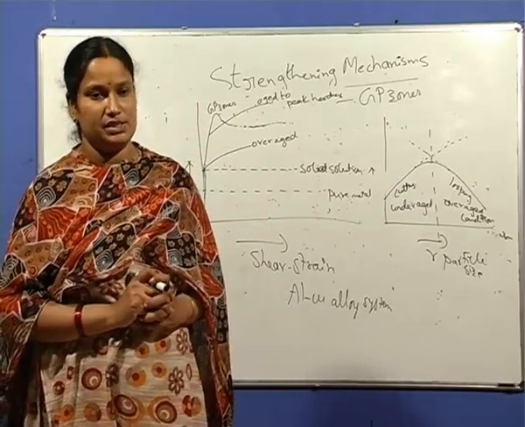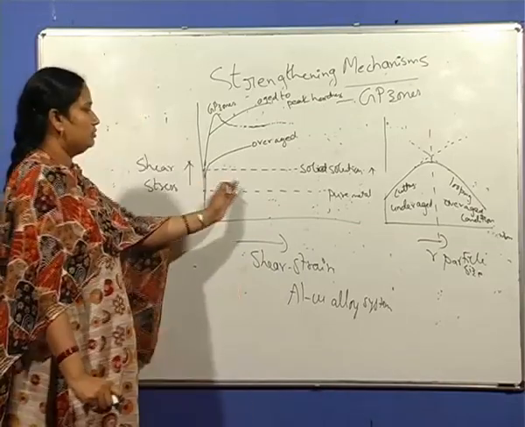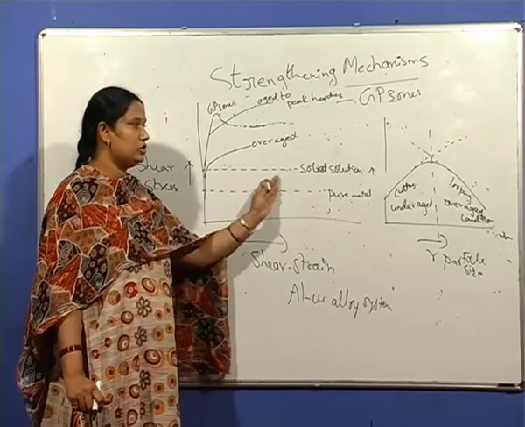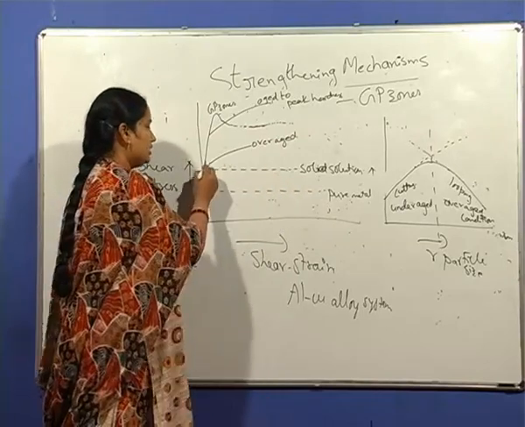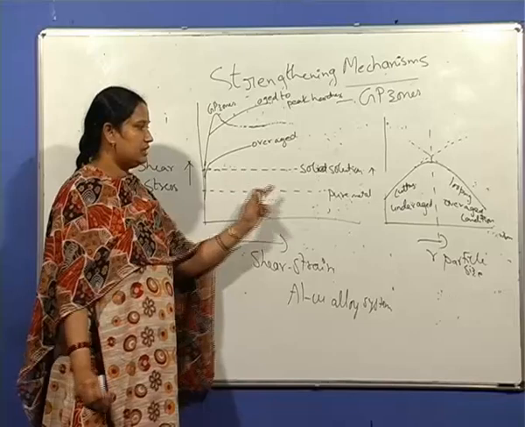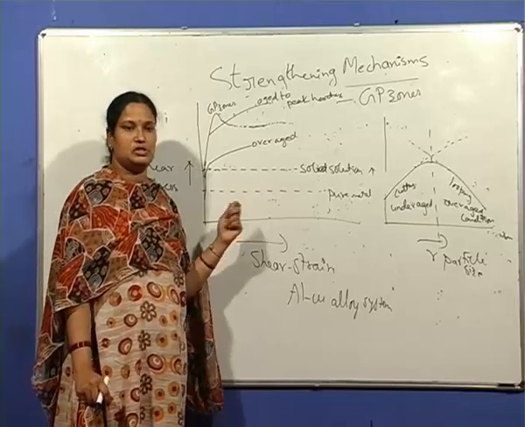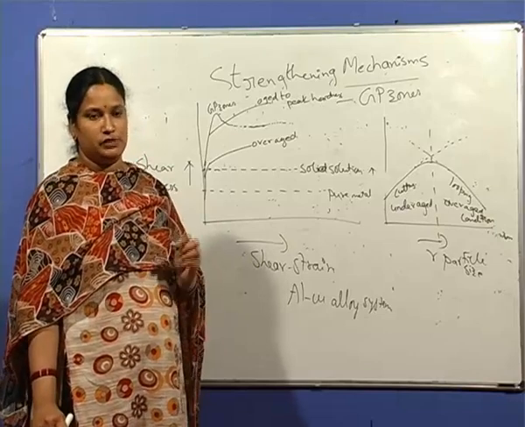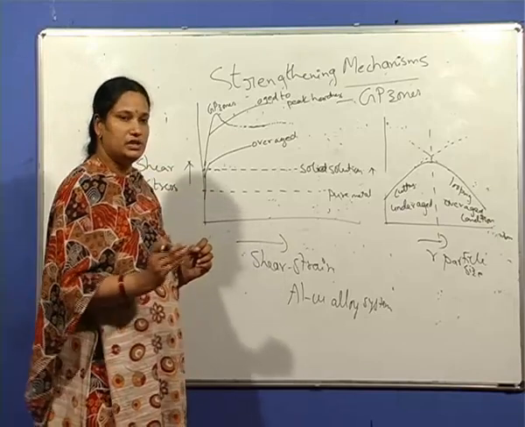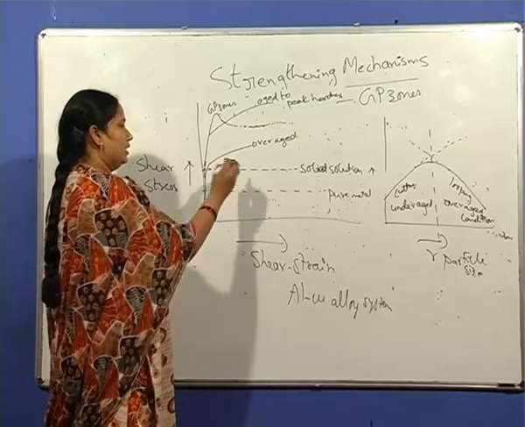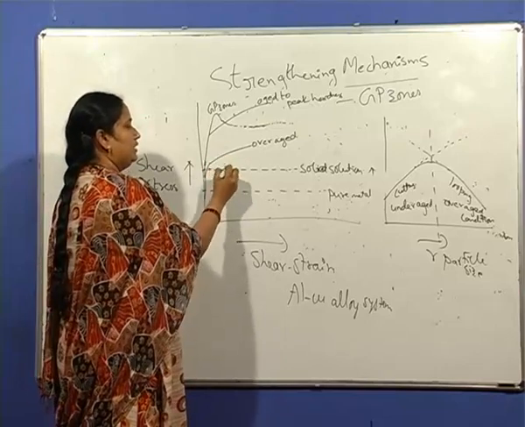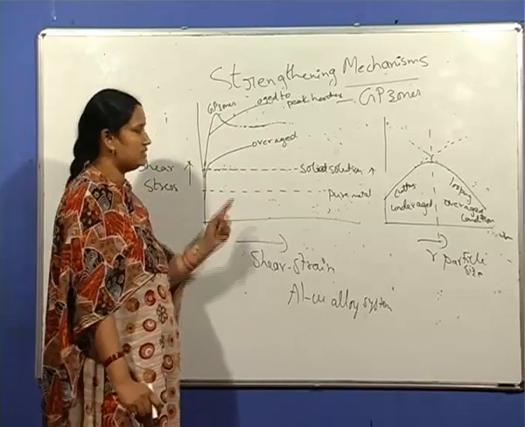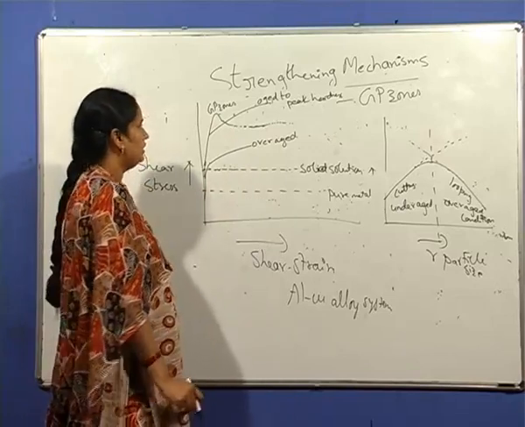The pure metal has some strength, and the solid solution has higher strength than the pure metal, because of solid solution strengthening, from the lattice strains of the solute atoms and their interaction with dislocations. But the rate of strain hardening is low. That is, the slope of the curve is low for the solid solution.